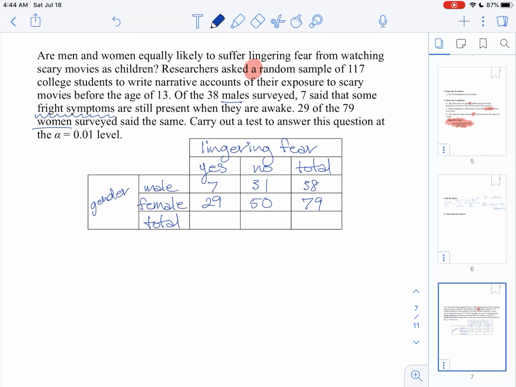So again, for people that aren't careful with their statistics, they just see that 7 men and 29 women, and they go, oh, well, clearly men aren't scared nearly as much as women, but that's not taking into account that the sample sizes are very, very different. So I can add these up vertically and find our totals here too. This would be 36, this would be 81, and this obviously would be 117 because that was our total.